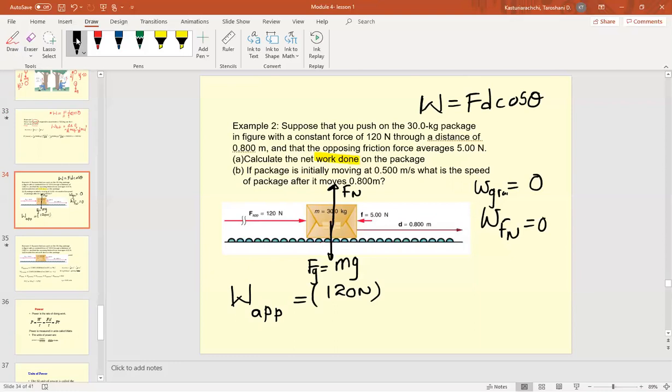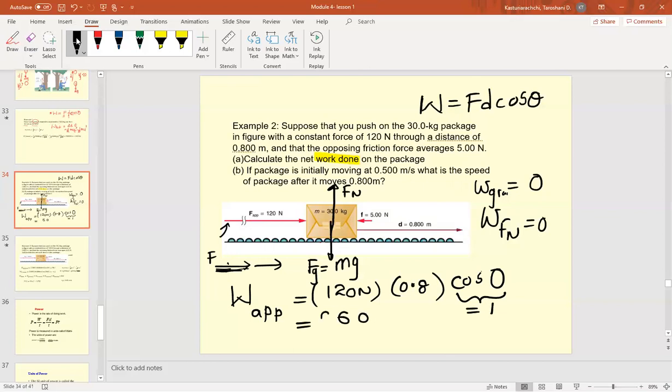D is 0.8. Now, what is the angle? You are applying the force here, and displacement is in the same direction. Remember it's two tails together and they are parallel, therefore the angle is 0. Cosine 0 is 1 and you are getting 96 newton meters. But how about work done by friction?